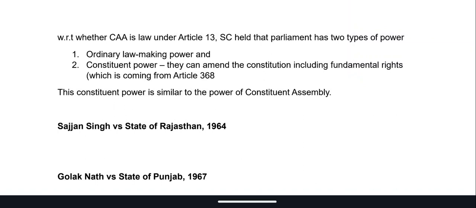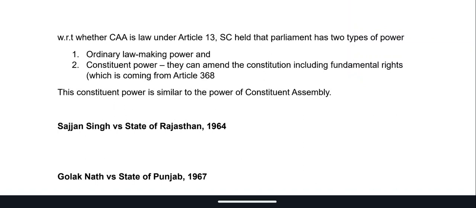So the Supreme Court brought out that parliament has two kinds of powers: the ordinary lawmaking power, which comes through Articles 245, 246 and so on, and the constituent power, which comes through Article 368. Now, what is the purpose of the constituent power? The purpose was to make changes to the constitution, or to draft the constitution.